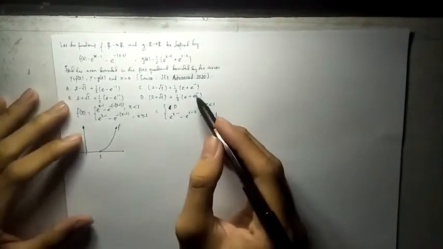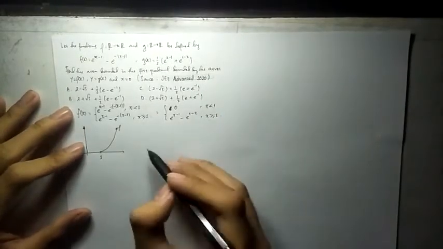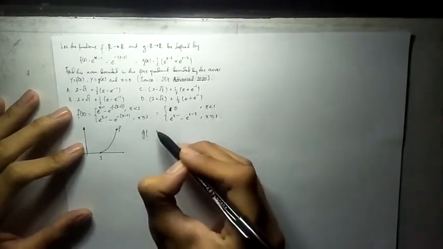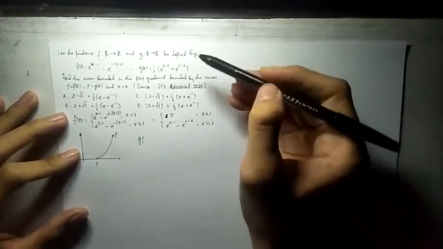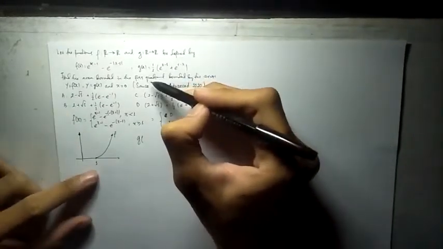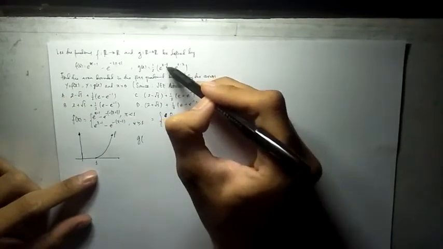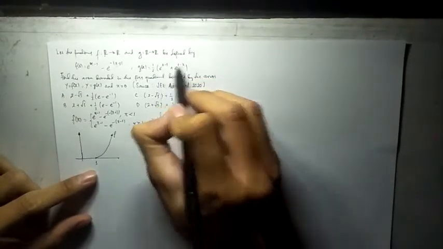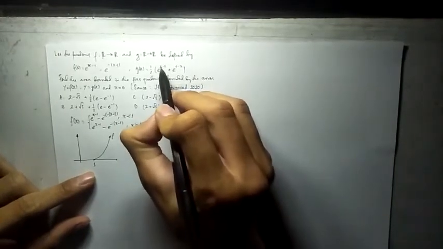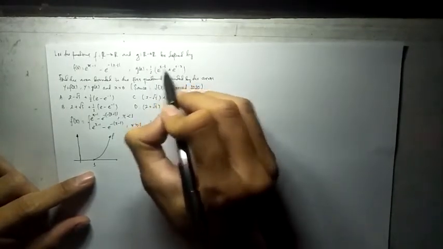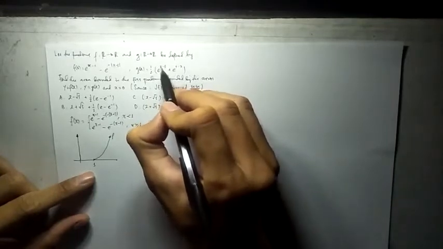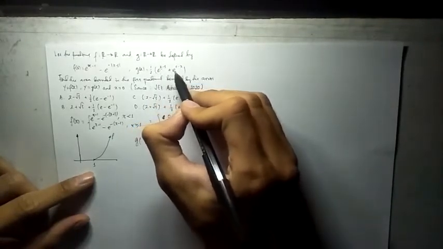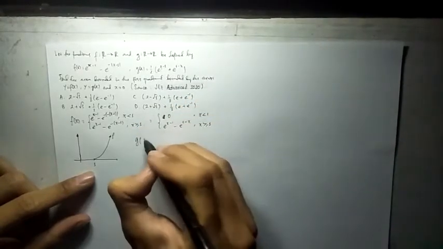Now how about g of x? Let's see the value of g of 1. When x equals 1, the exponent is 0, so e to the 0 and e to the 0.